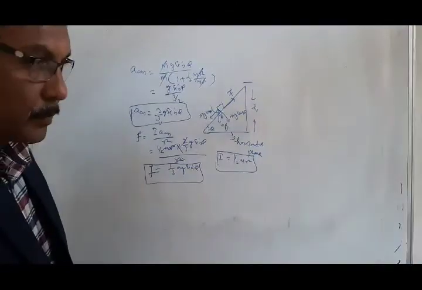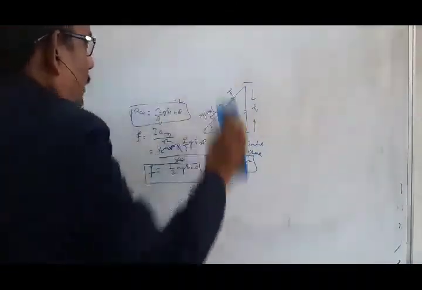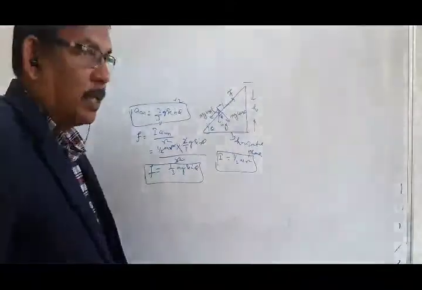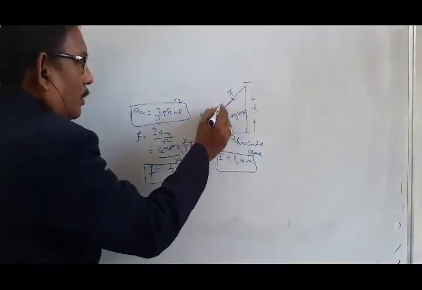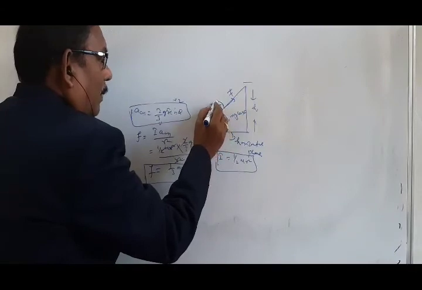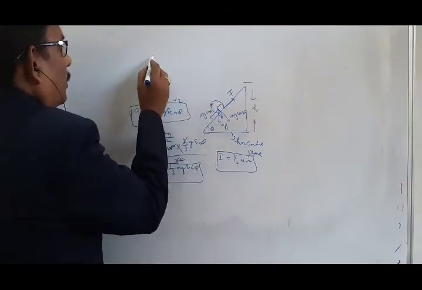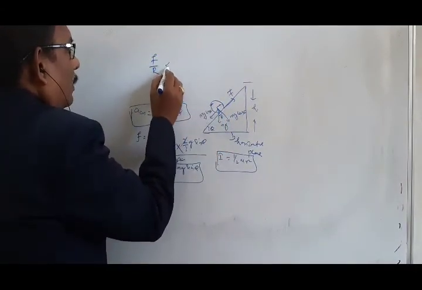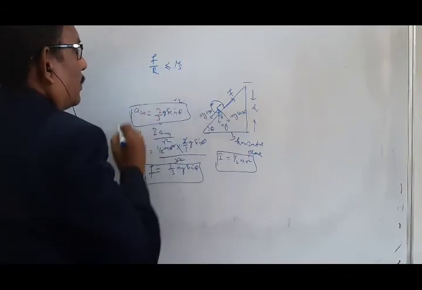Now, the condition for no slipping of the solid cylinder rolling on an inclined plane is that F/R is less than or equal to the coefficient of static friction μ.